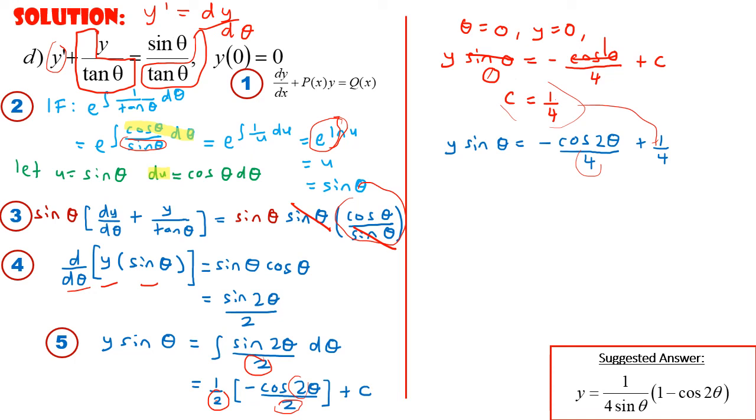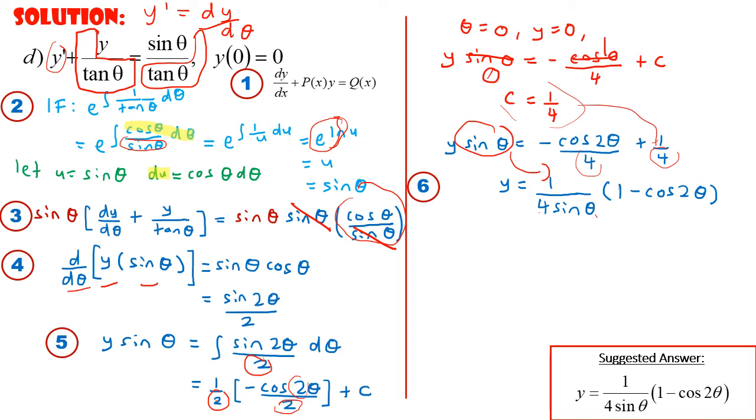So now we move to the last step, that is step number 6. In step number 6, this integrating factor we will bring to the right hand side, leaving only y. So y equals 1 over, since these two have 4, we bring 4 at the front together with the integrating factor, that is sin theta.